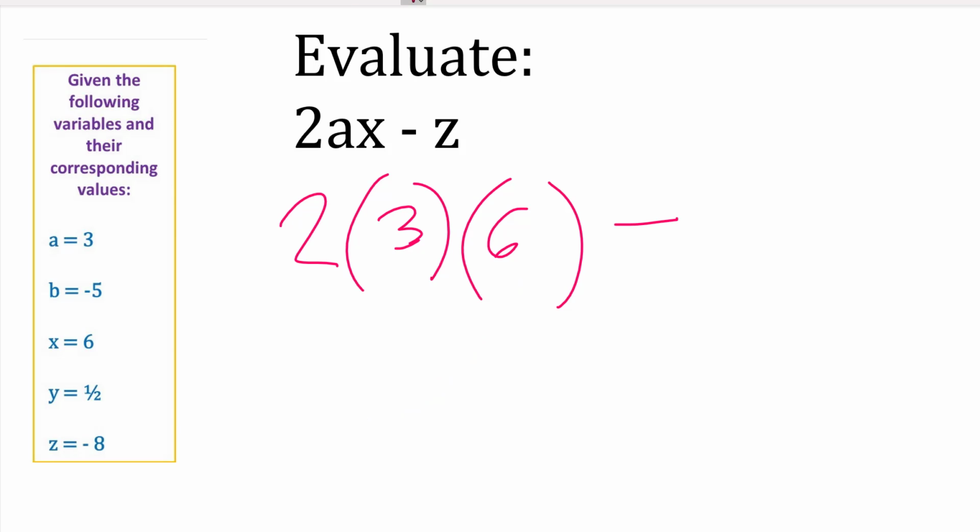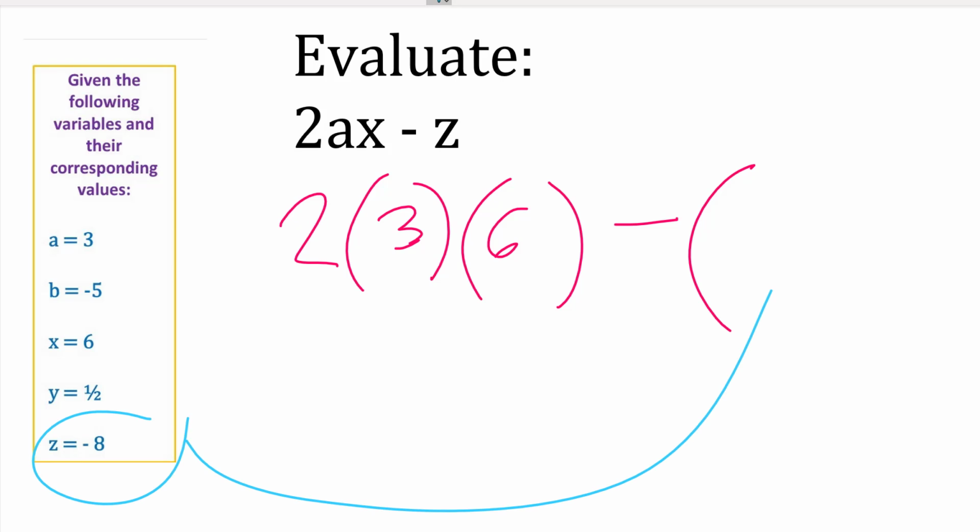And then minus z. Again, use as many parentheses as you can to isolate each variable, each term, so that you will not be confused. In this case, minus z, you use a parenthesis, and we know that z is negative 8, so we put it here.